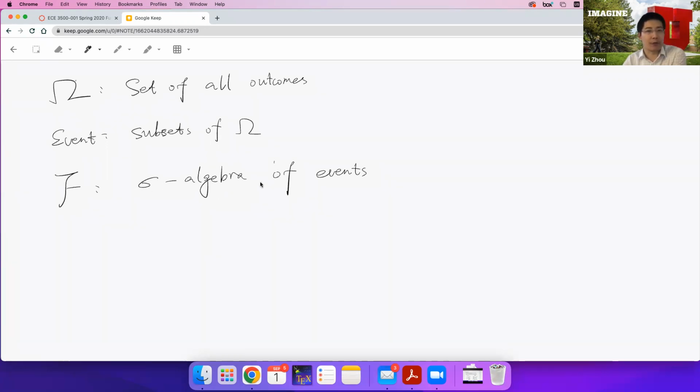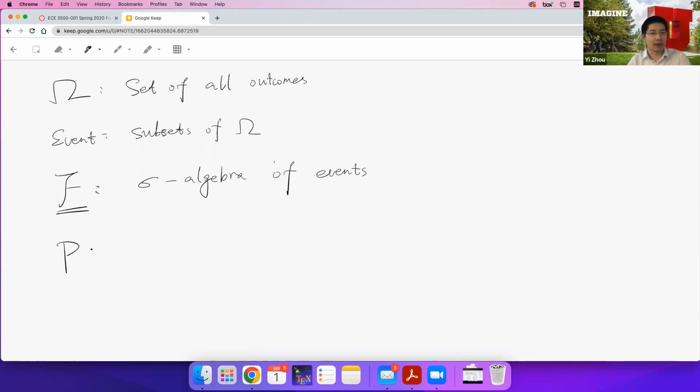And for the sigma algebra, we talked about how it must satisfy certain conditions. And then once we have this sigma algebra, we can define a probability law on it.